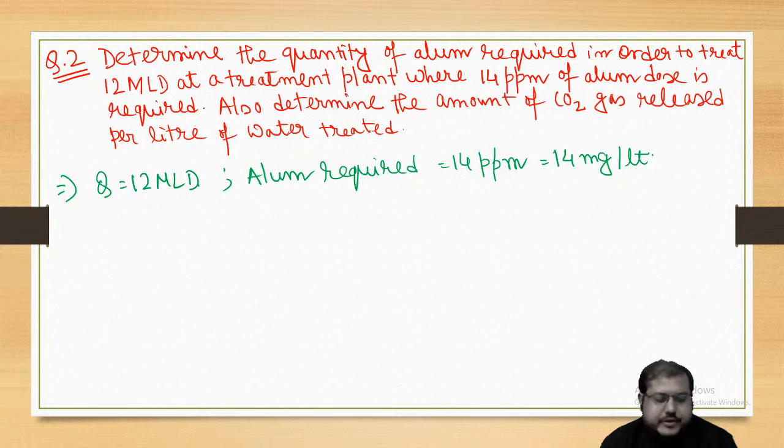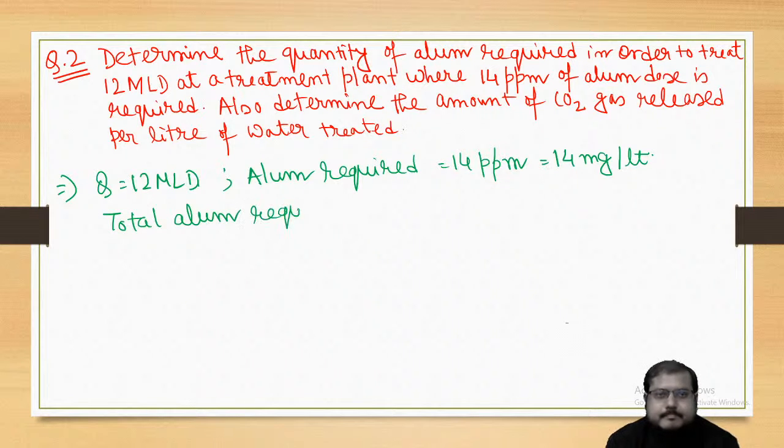So what is required actually? So total alum required 12 into 14 mld into milligram per liter.